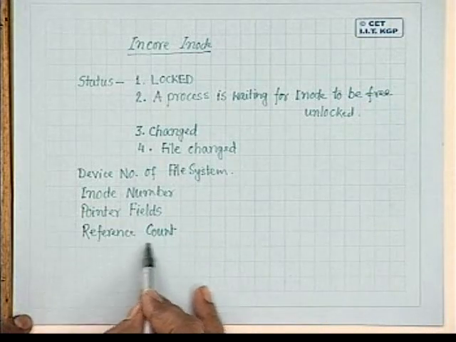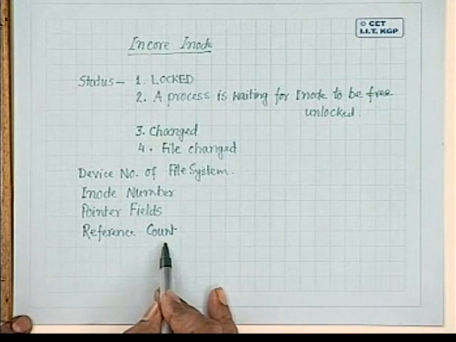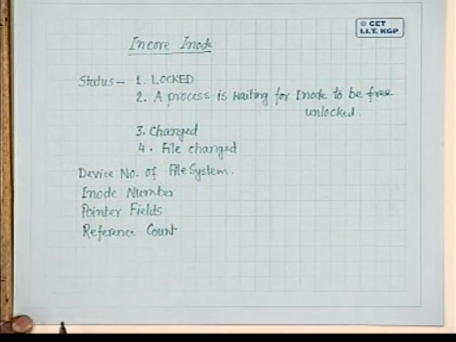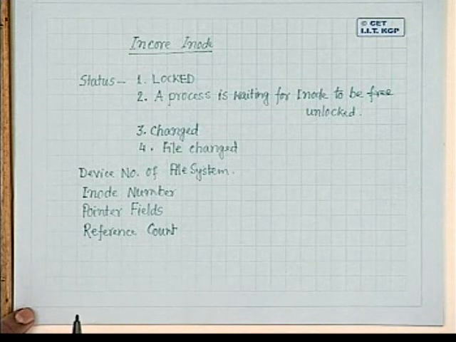When you increment this reference count field, it indicates the following. The first time a process opens a file, the reference count field will be set to 1, indicating that there is a single instance active for that particular inode.